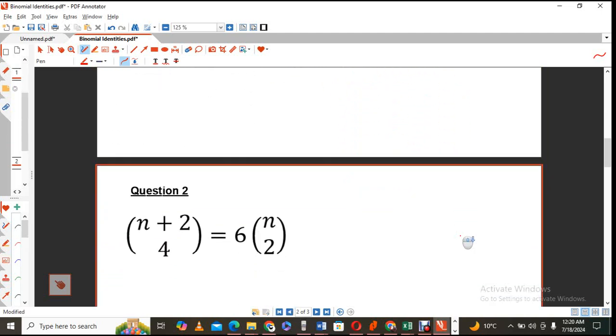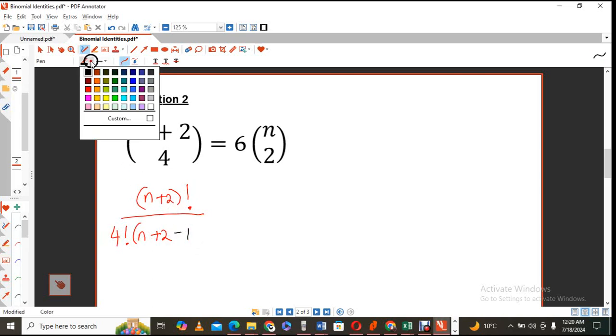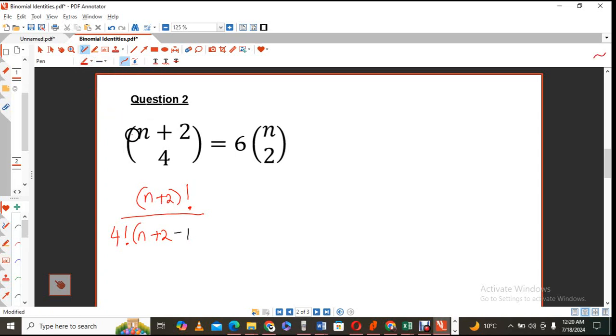All right, let's look at another one. The second question, using that formula again. I'm going to say n plus 2 factorial all over 4 factorial times n plus 2 minus 4 factorial.